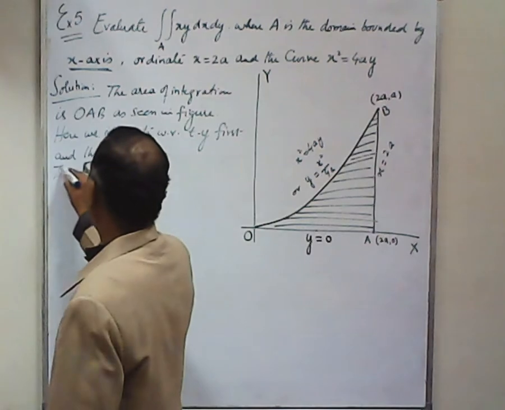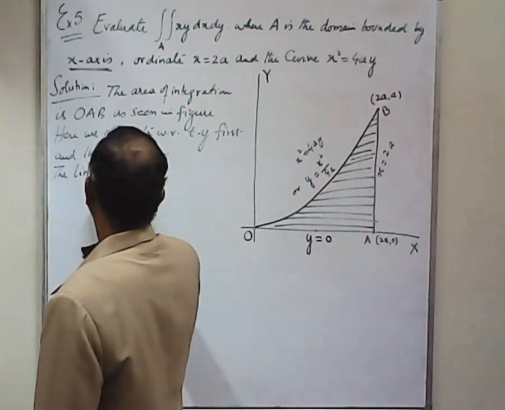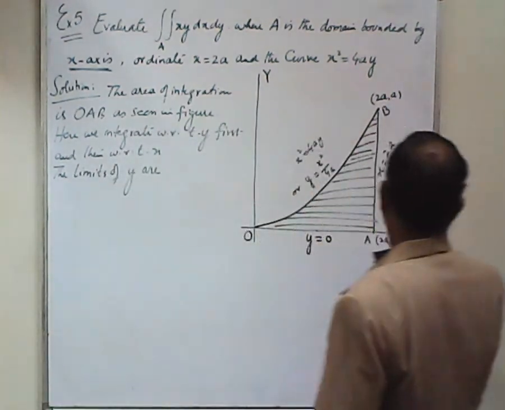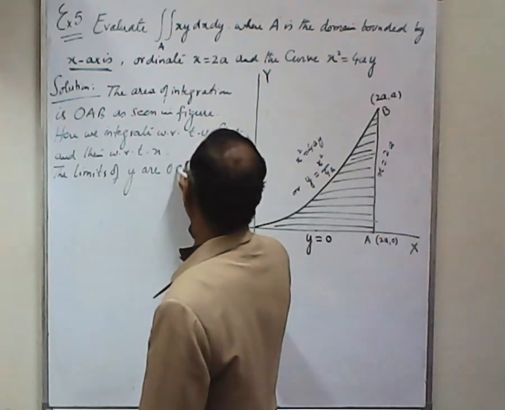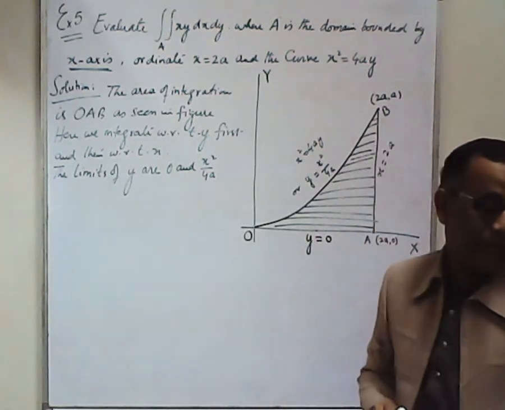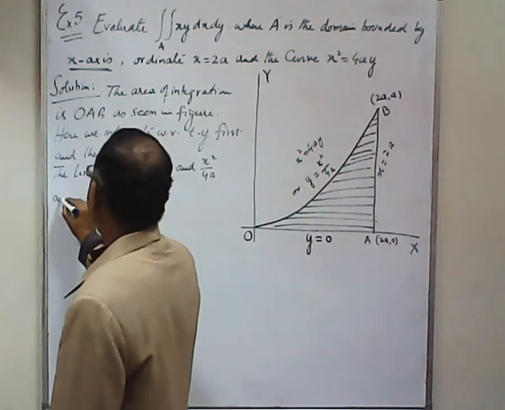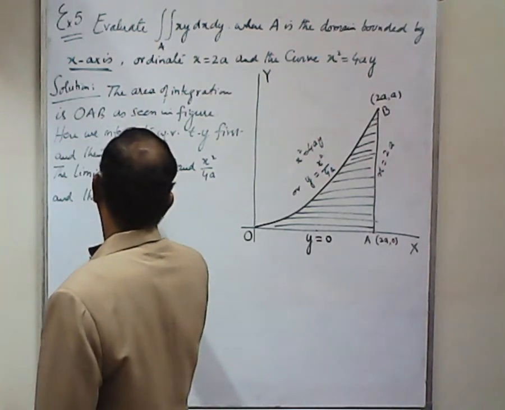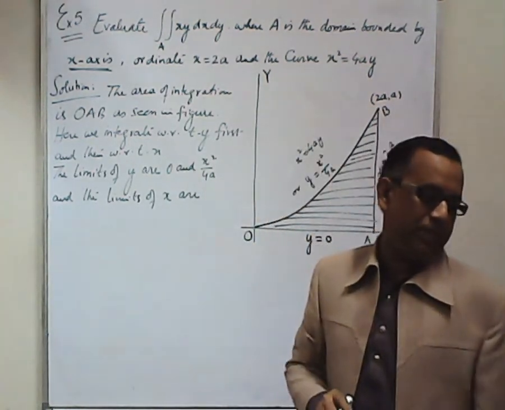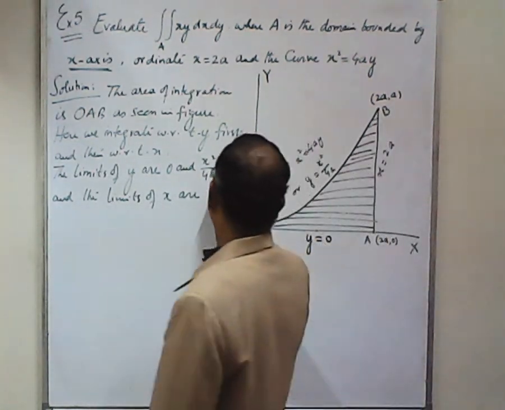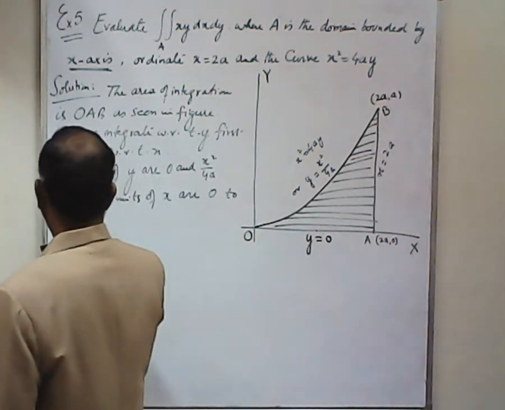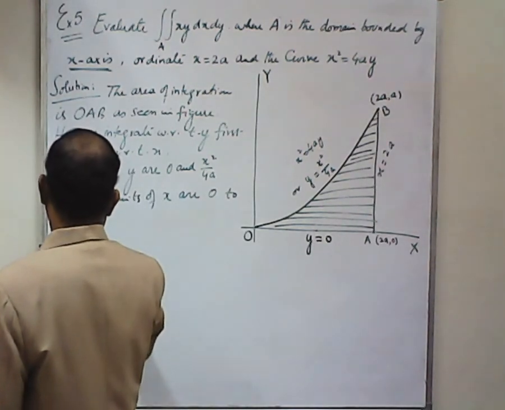So the limits of y are 0 and x square upon 4a, and the limits of x will be 0 to 2a.